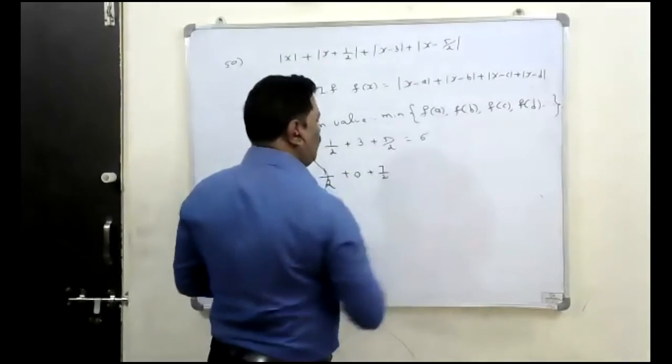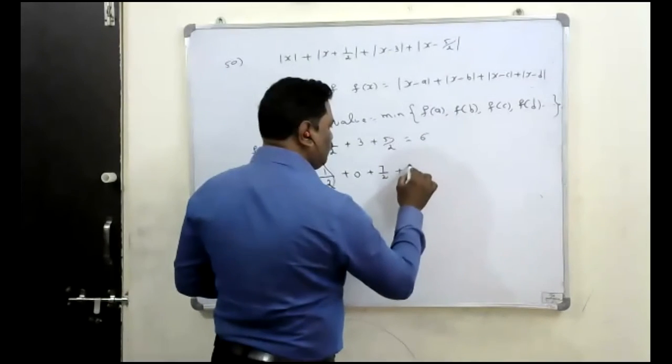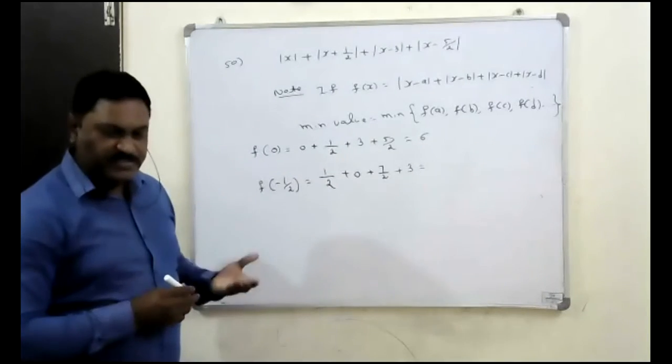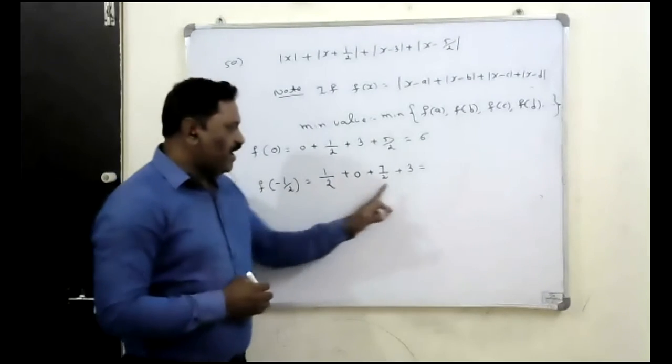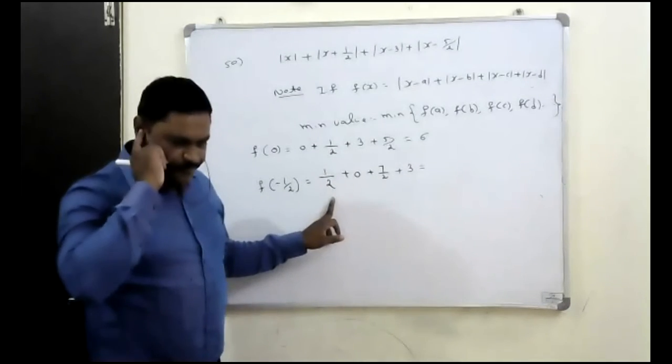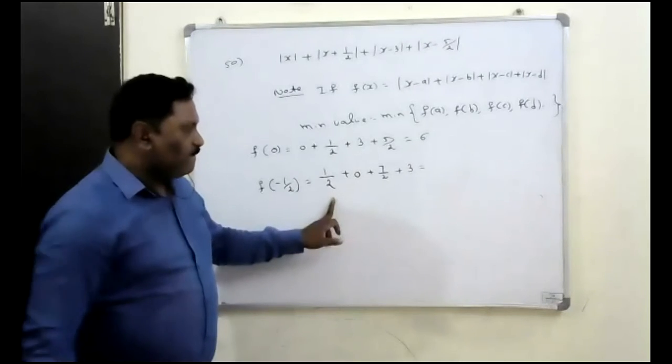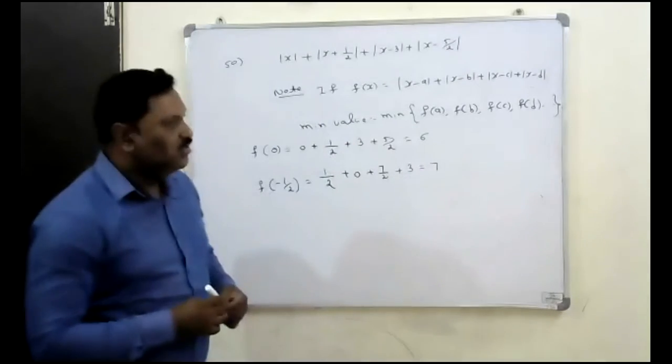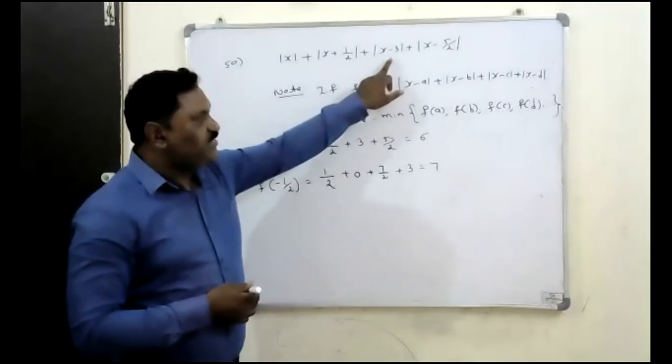Minus 1 by 2 minus 5 by 2 is minus 6 by 2, that is minus 3, and mod of minus 3 is 3. Adding them, 7 by 2 plus 1 by 2 is 4, plus 3 is 7. Total is 7.